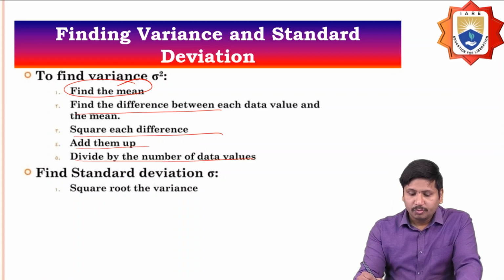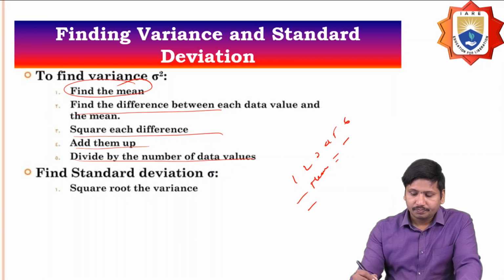Suppose I have some values like this. First I calculate the mean value, then the difference from the mean. Suppose the mean value is 5 as an example.